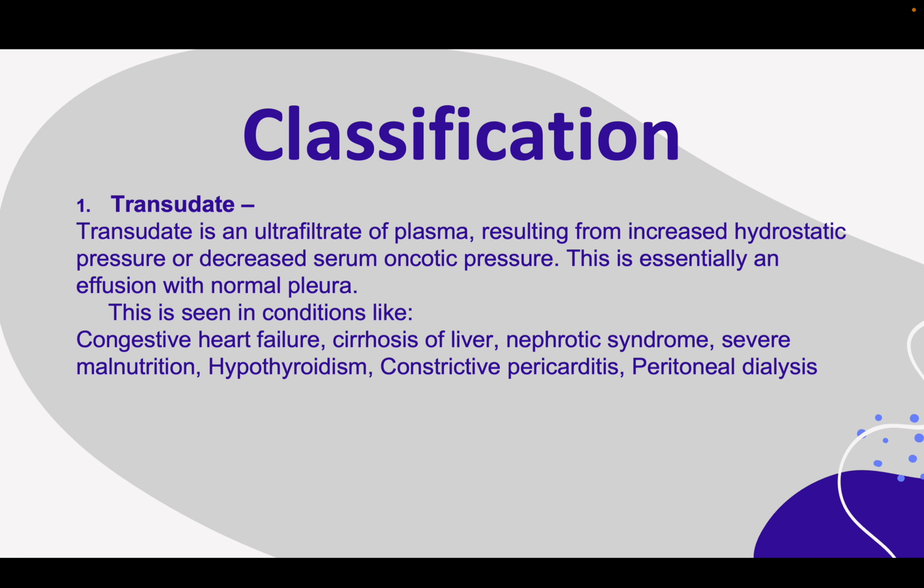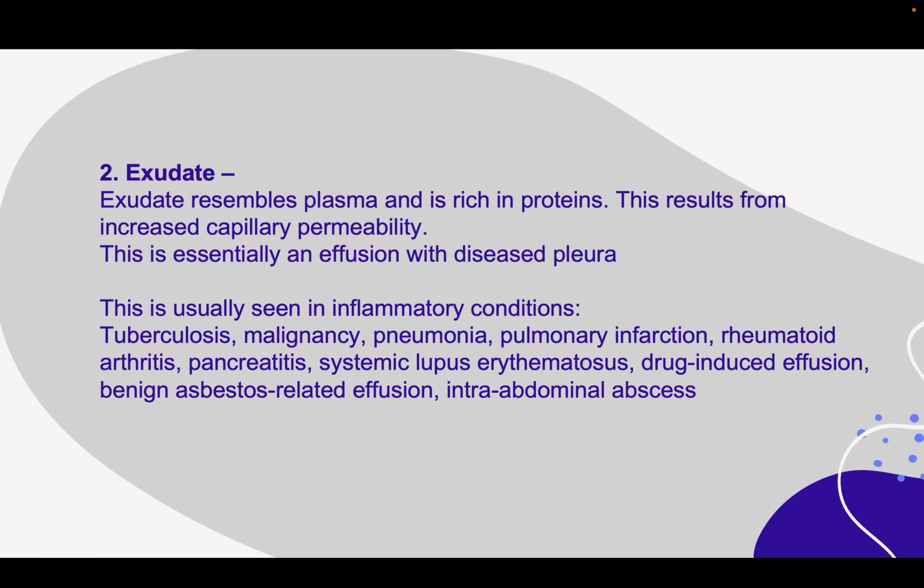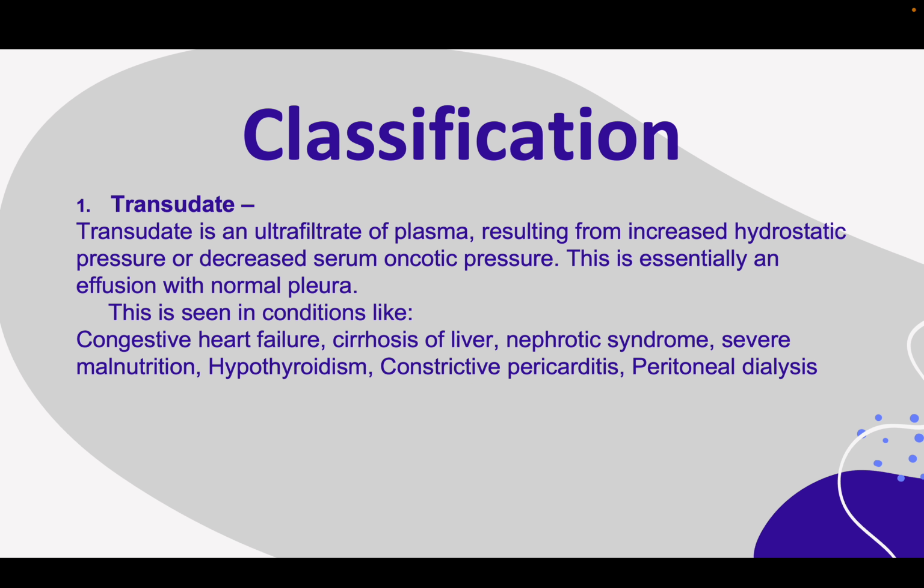The classification, I mean here it is the type of the pleural fluid. It can be transudate or exudate. Now, the exudate usually is not clear in color, but the transudate is clear, yellow clear or white transparent.